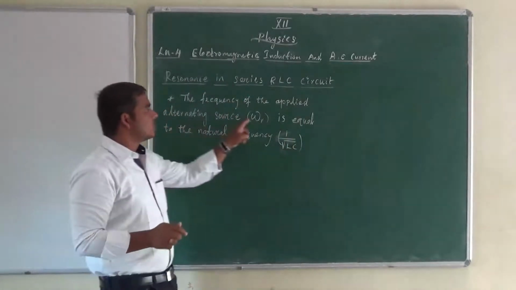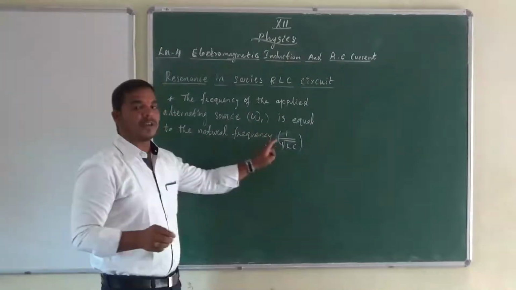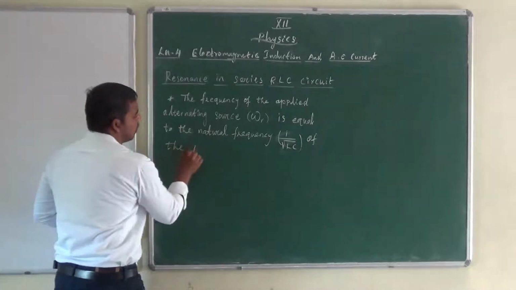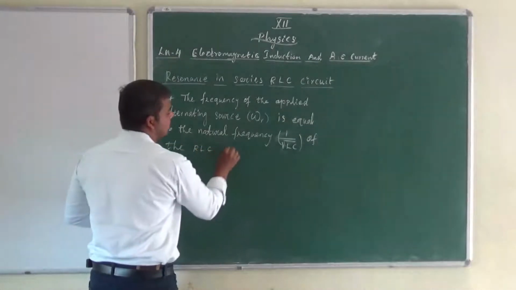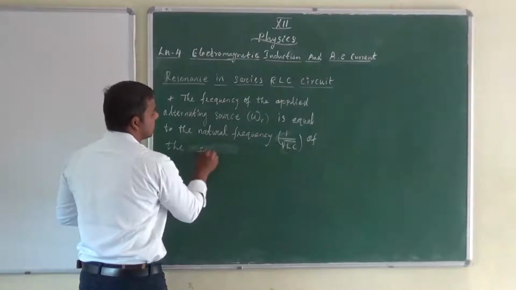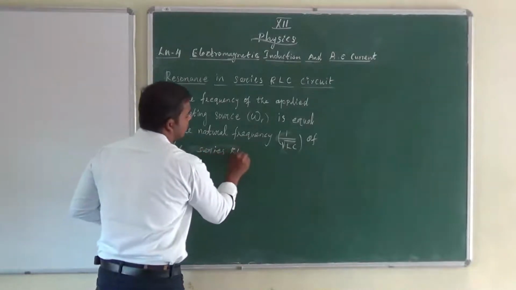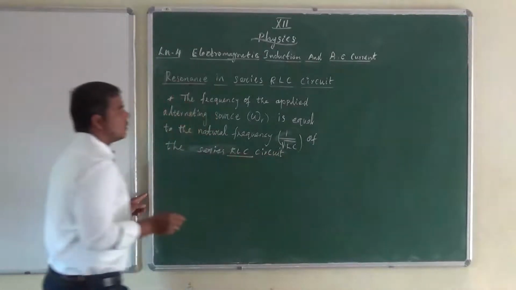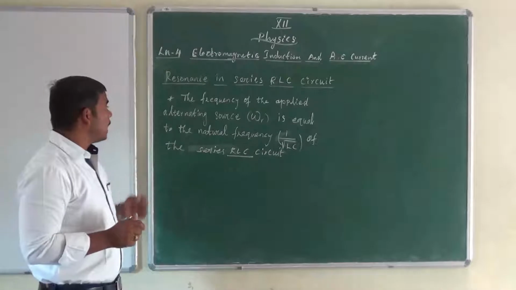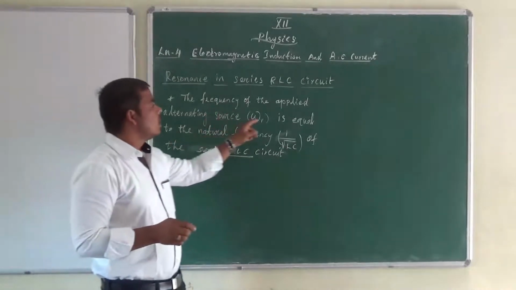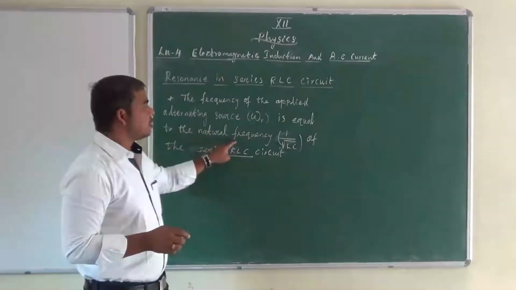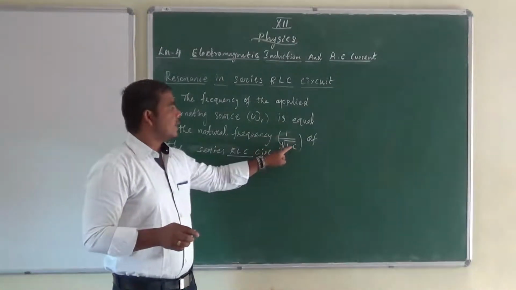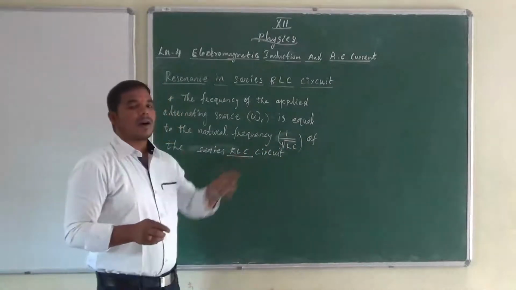So the alternating source omega r is equal to the natural frequency of the series RLC circuit. The frequency of the applied alternating source is equal to the natural frequency, represented by 1 by root of LC, of the series RLC circuit.